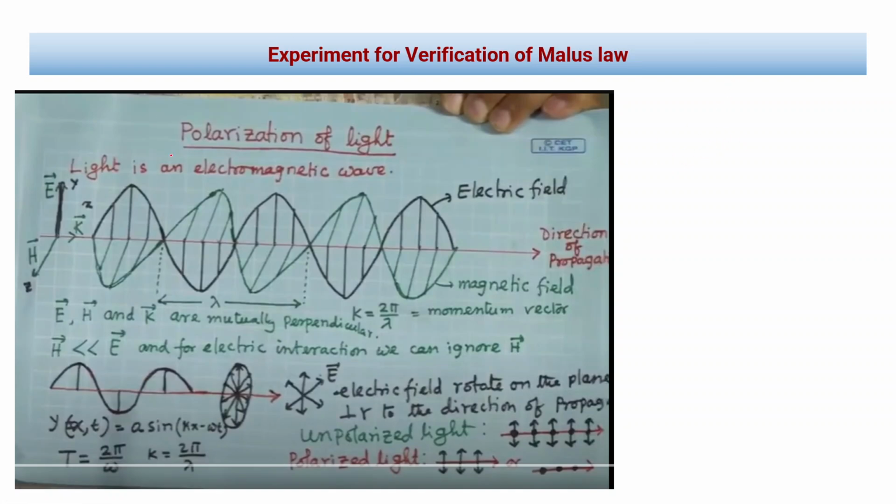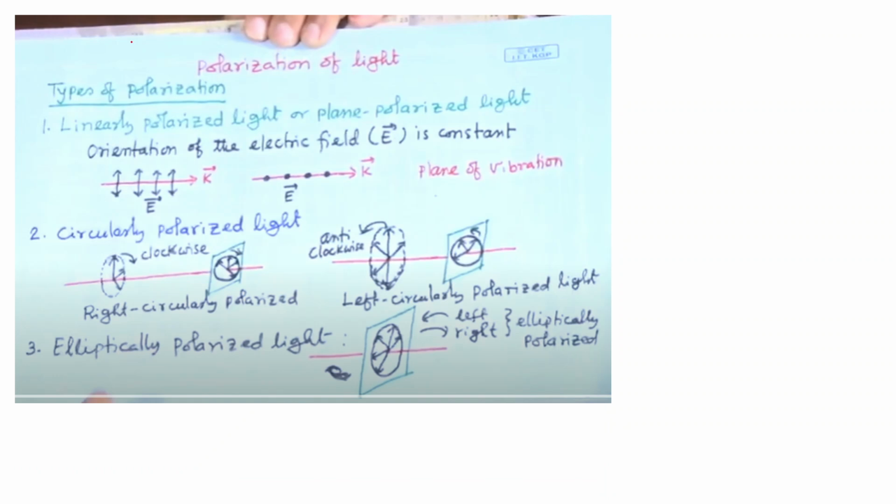For light, the E field and magnetic field are perpendicular to each other as well as perpendicular to the direction of propagation. Right now this is unpolarized, and we have various ways through which we make it polarized.